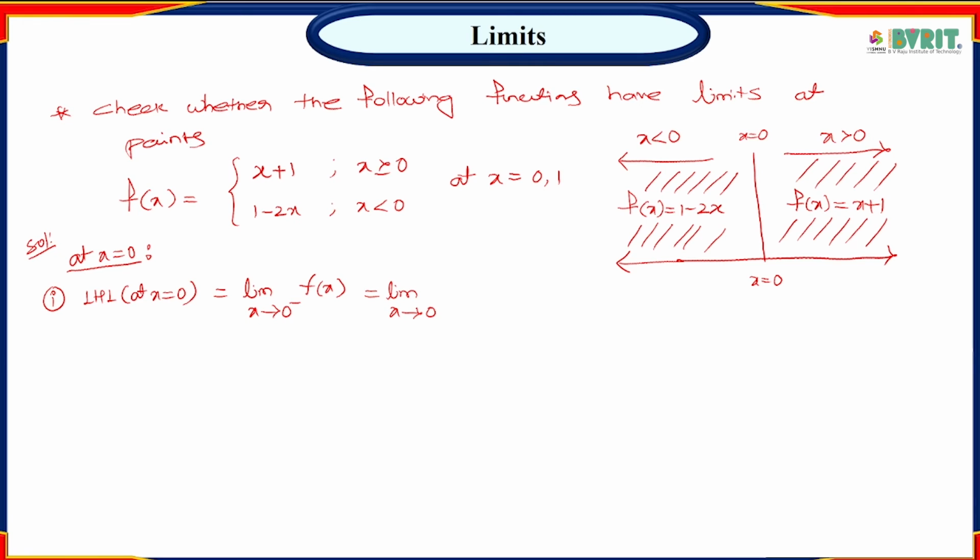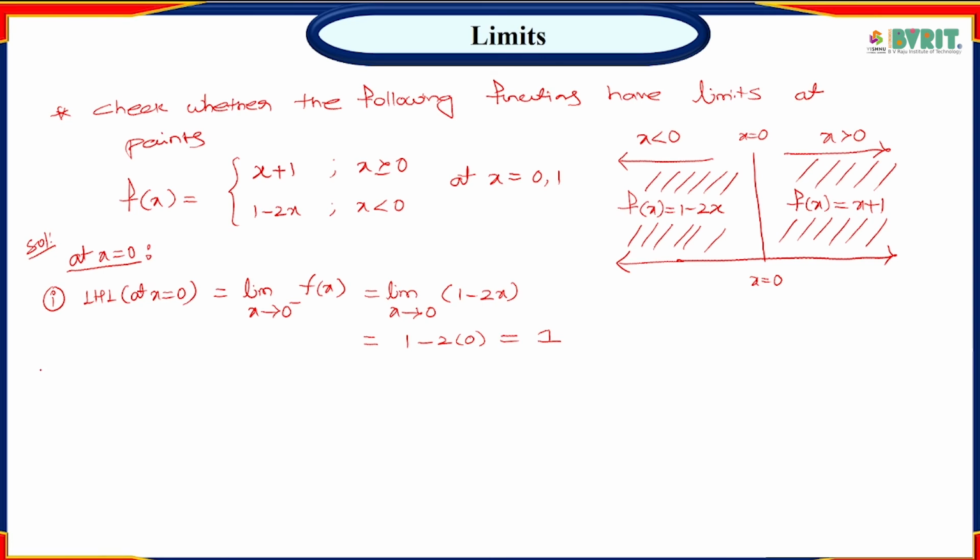For x less than 0, f of x is equal to 1 minus 2x. Then substituting x value 0, it is 1 minus 2 into 0. Then finally the left hand limit at x is equal to 0 is 1.